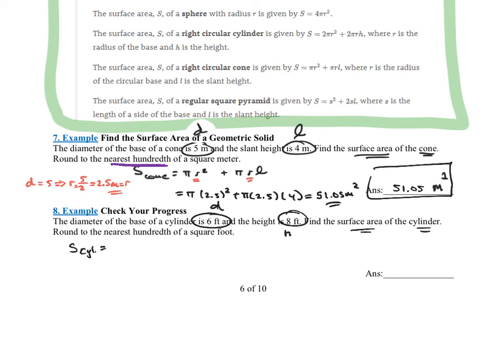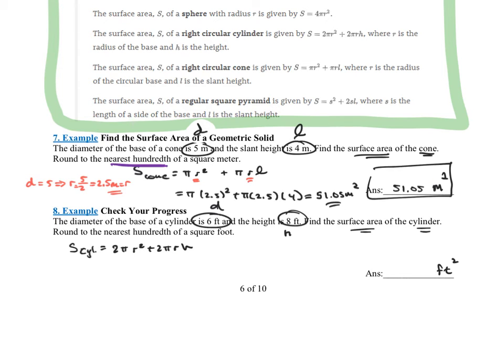Look at the formula. I'm seeing 2 pi r squared plus 2 pi r h. We need to think about our units. Our units are measured in feet, so our answer will be in terms of feet, but it is surface area. Area means it has to be squared. So we've labeled our units, we've labeled our variables, so to say, and our formula, but let's check.